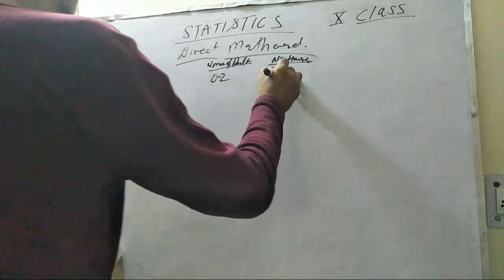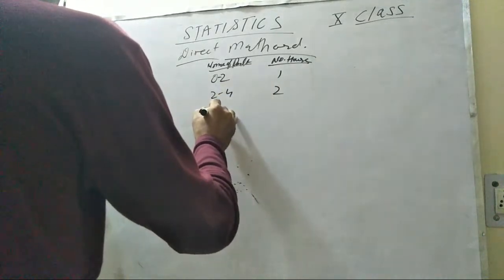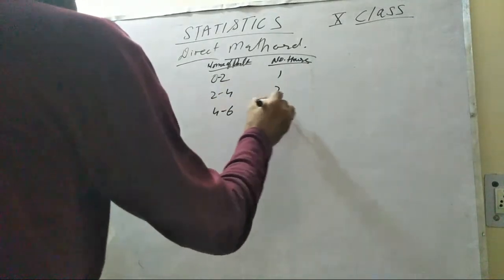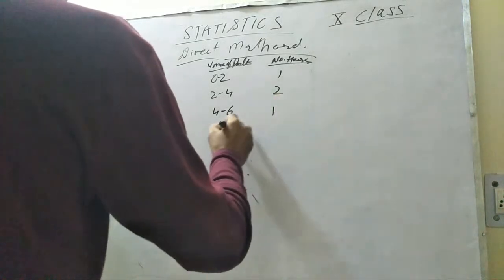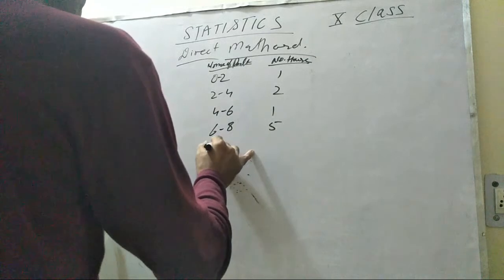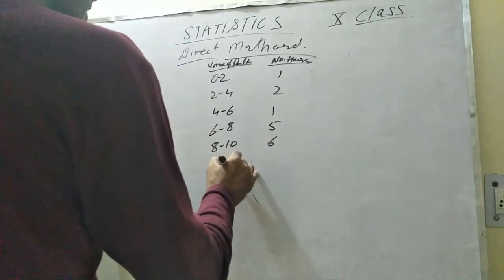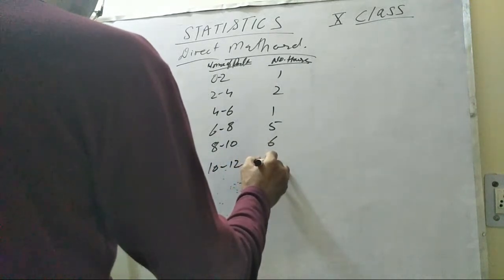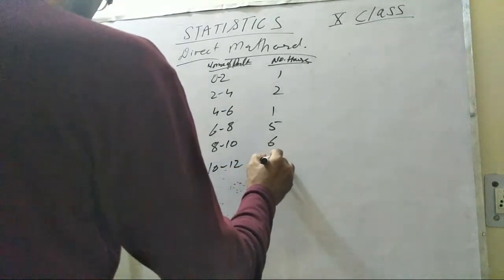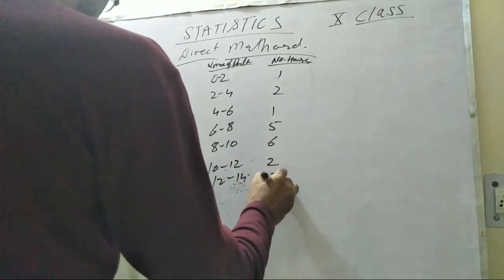This is equal to 1, 2 से 4 2, 4 से 6 1, 6 से 8 5, 8 से 10 6, 10 से 12 2, 12 से 14 3.